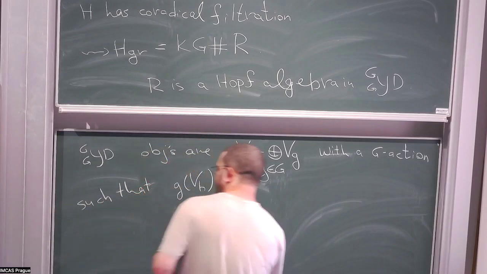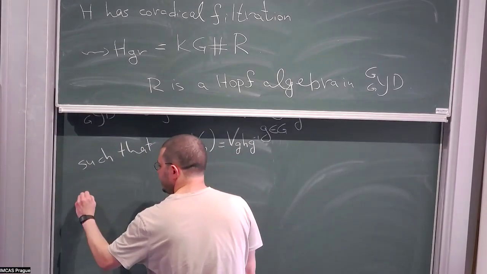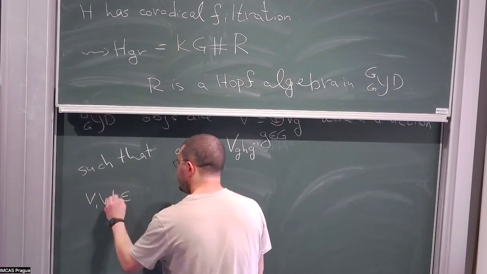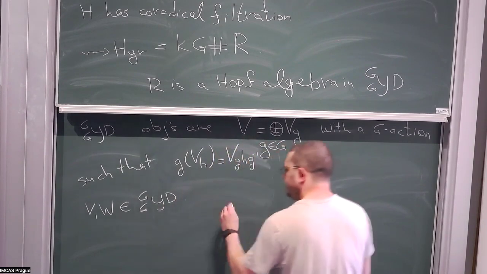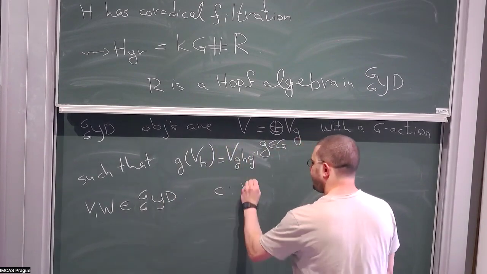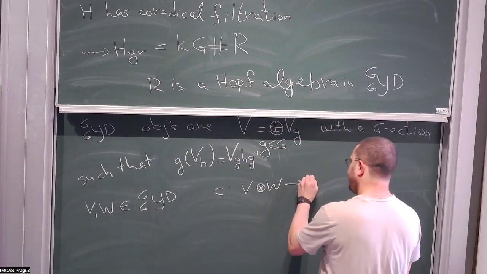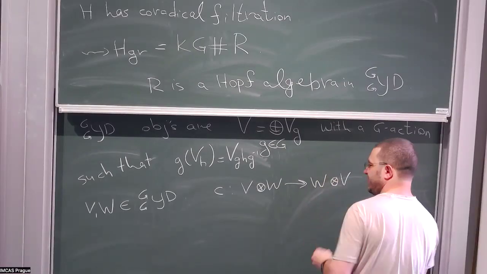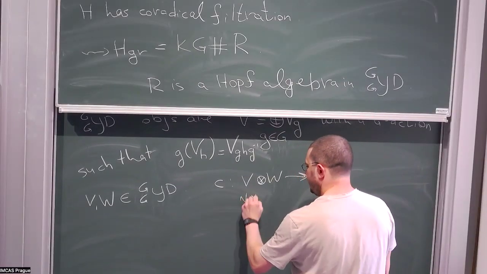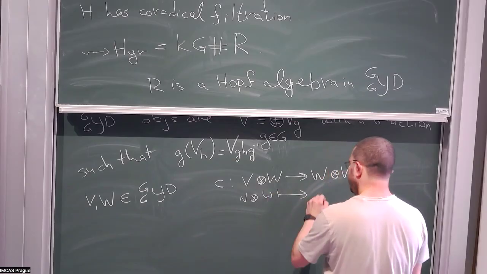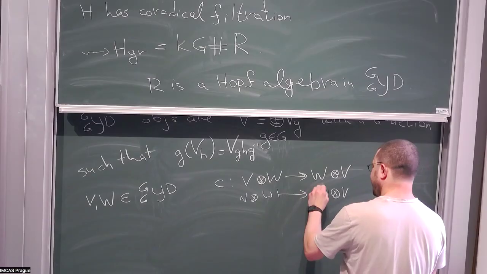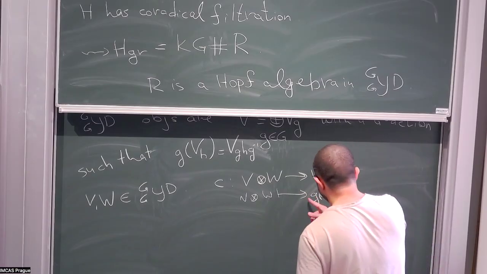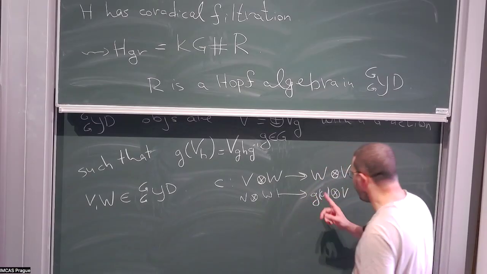And this category is a braided category. So if V and W are inside the Yetter-Drinfeld category, then we have a braiding c from V⊗W to W⊗V. Let's just say how it looks. I send V⊗W to W⊗V almost, except that I need to twist this by the action with some group element g.